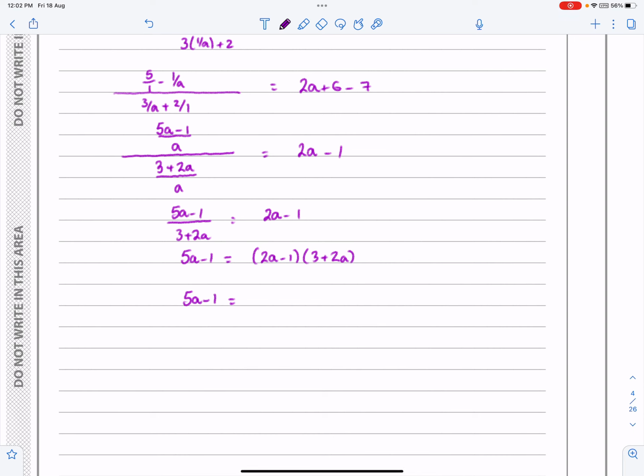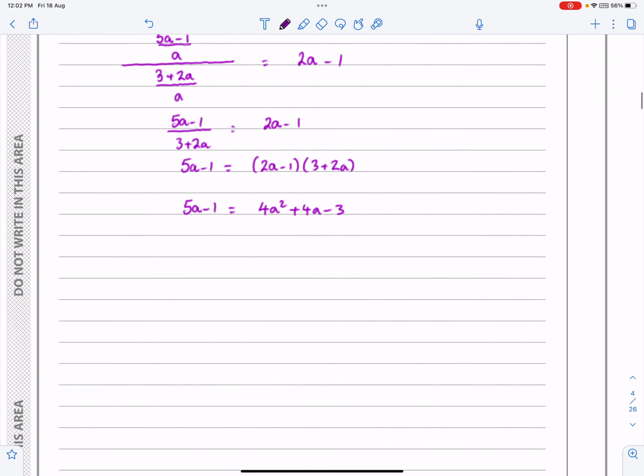Multiplying all that out gives me 4a squared. It's going to work out to be plus 4a minus 3. When we get there, you might take longer to do that step maybe. Turn it into a quadratic, everything equals 0. So I'm going to get 4a squared minus a minus 2 equals 0.